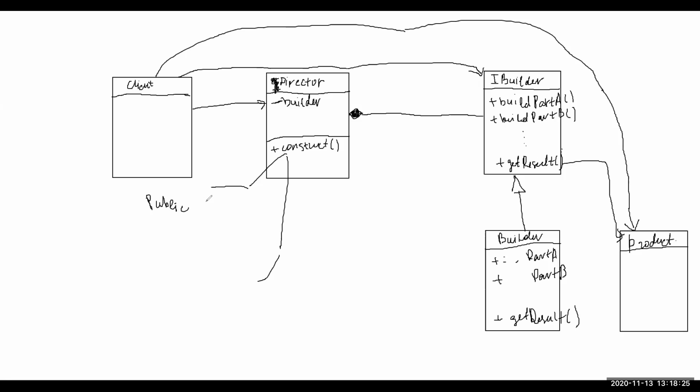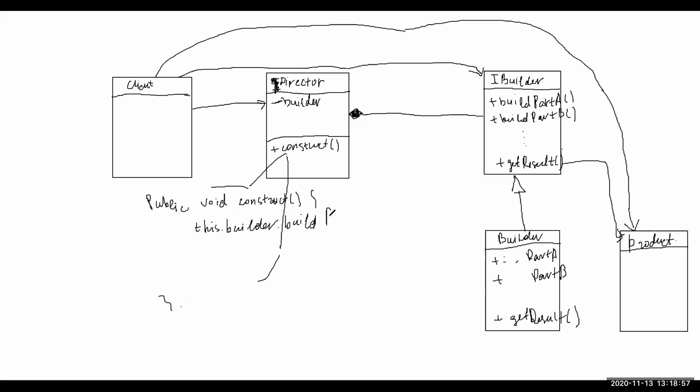What does the construct method look like? So it's a void. It calls this builder in some order, right?